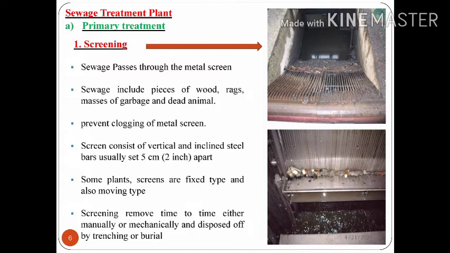The screen consists of vertical or inclined steel bars, usually 5 cm apart, that is 2 inches apart. In some plants, the screens are of a fixed type, whereas in others the screens are of a moving type. Screenings are removed from time to time, either manually or mechanically, and disposed of by trenching or burial. Next slide.